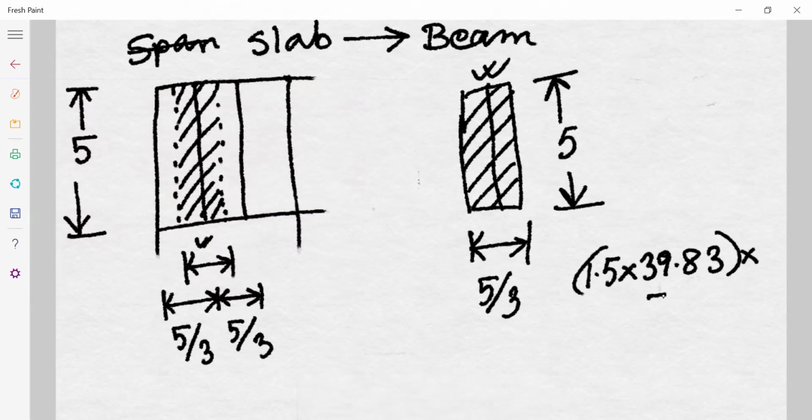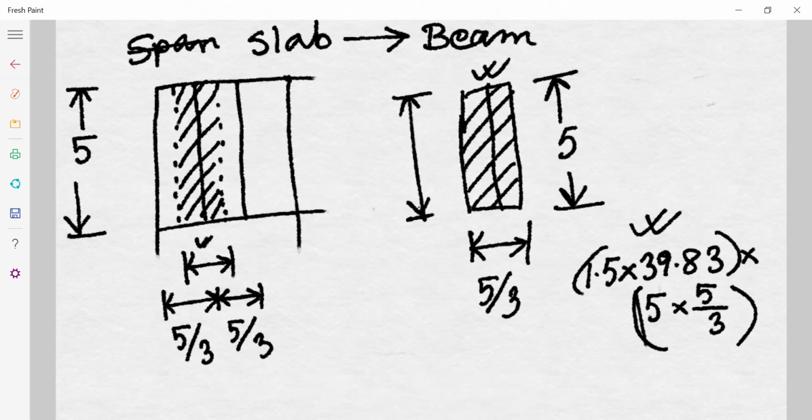Area is 5 into 5 by 3. That is the total load falling on the beam.